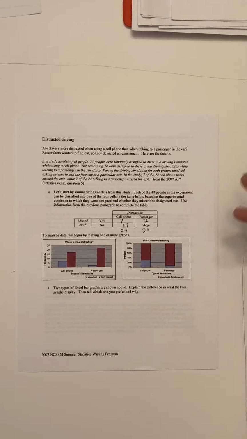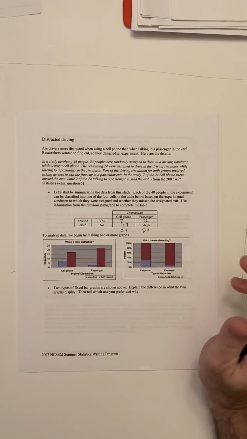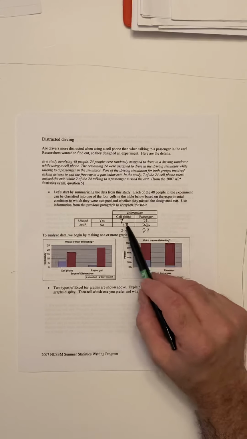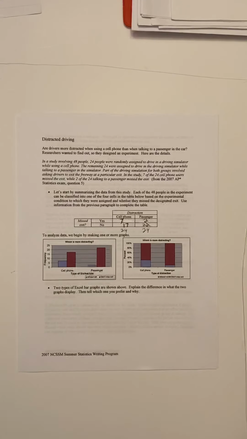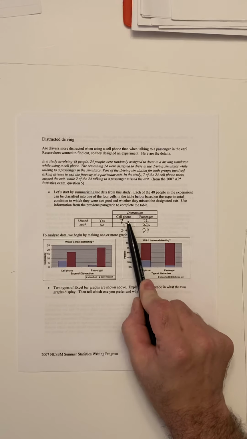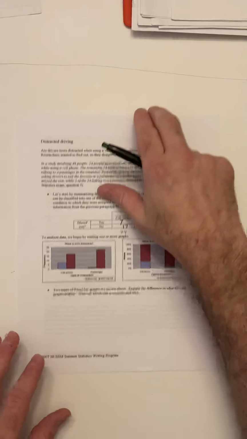Let's say they're generally not great drivers and they just happen to be split up in such a way that 7 of those people who would normally miss the exits happen to fall in the cell phone group, and those other 2 people who would normally miss exits happen to fall in the passenger group. So it looked like something was happening to the cell phone group, but really it was just that those 9 people always missed exits. So we're going to write that down.